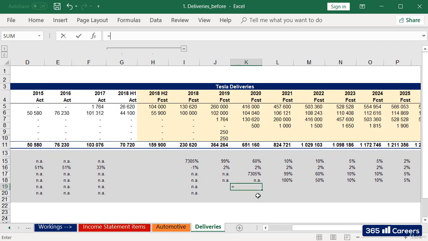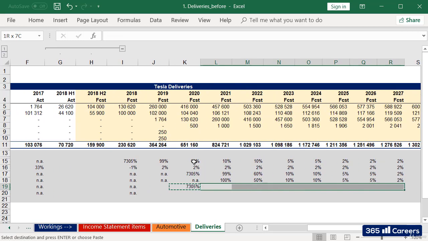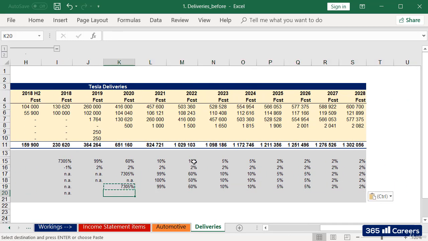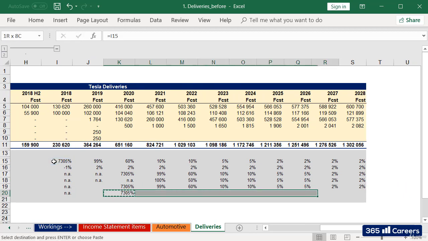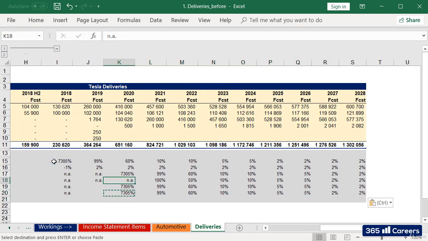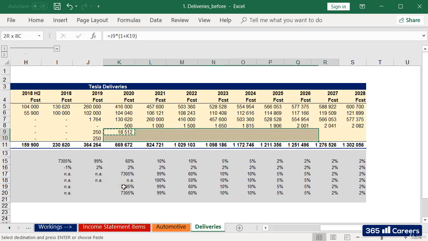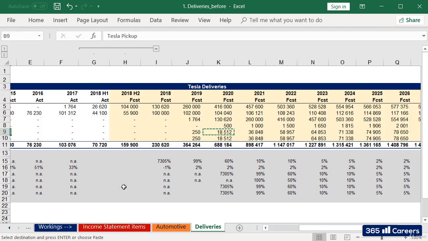Then, we'll also assume the growth of both vehicles will mirror the one of Model 3 and Model Y. These are commercial vehicles, but starting from a low delivery value for 2019 doesn't make our forecast too aggressive. All right, now I'll calculate the actual deliveries for Tesla Pickup and Tesla Semi in absolute terms.